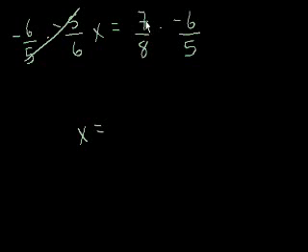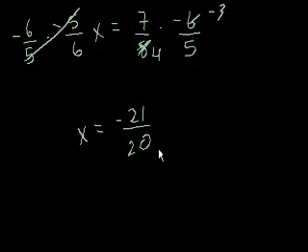On the right-hand side, we can divide both the 6 and the 8 by 2. So this becomes negative 3. This becomes 4. 7 times negative 3 is minus 21 over 20. And assuming I haven't made any careless mistakes, that should be right. Actually, let's just check that real fast.